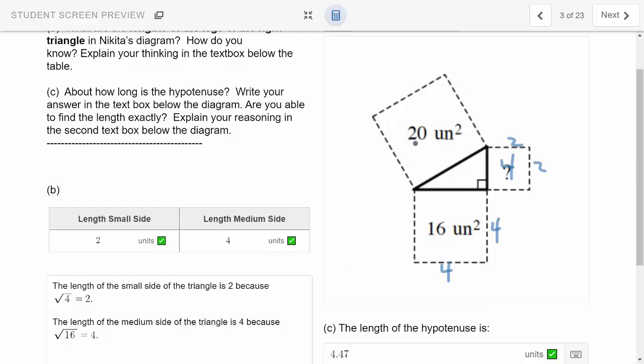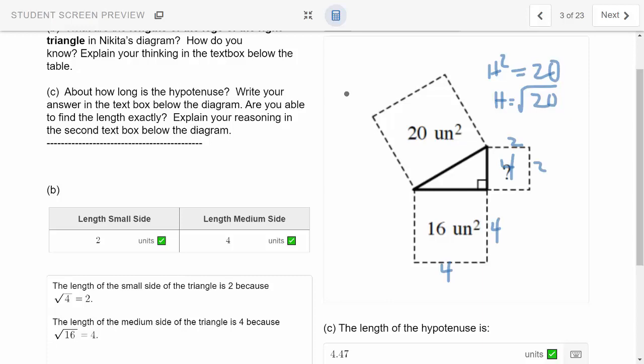The square root of 20, a little bit more difficult. So when you go to unsquare this square, so when your hypotenuse squared equals 20, then h is going to have to be the square root of 20, right? Because the inverse of squaring is square rooting. So the square root of 20 is between 4 and 5 somewhere, because 4 squared is 16, 5 squared is 25.